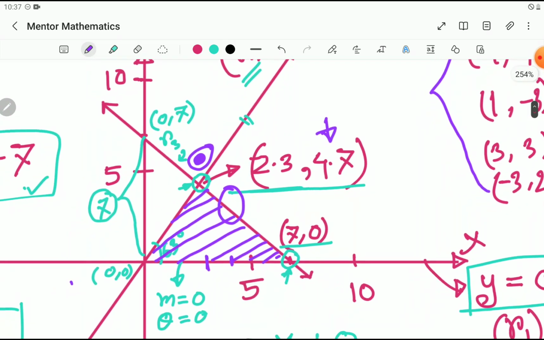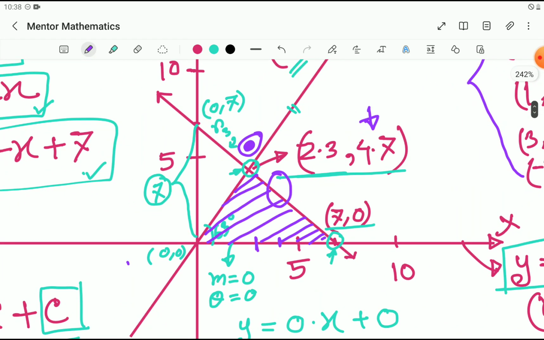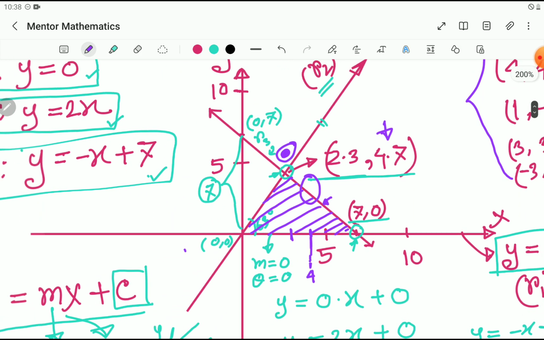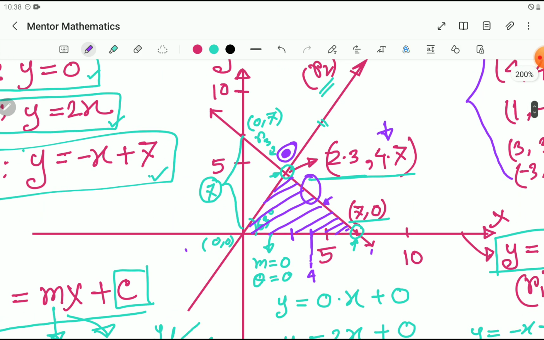Okay, so in this particular case, we know the line, right? Because here roughly we can say this is the x value of 4, and the y value of 4, we don't know whether it's inside this line or outside this line. But one thing we can do, this is line number R3.